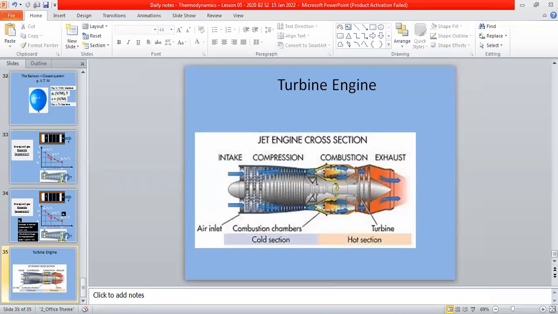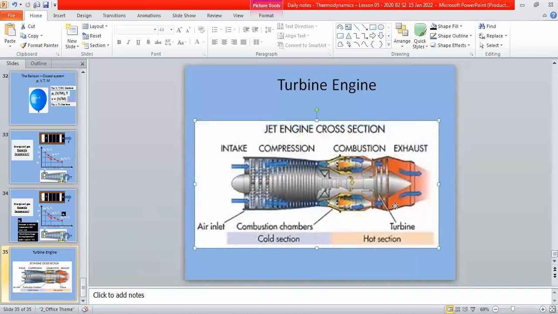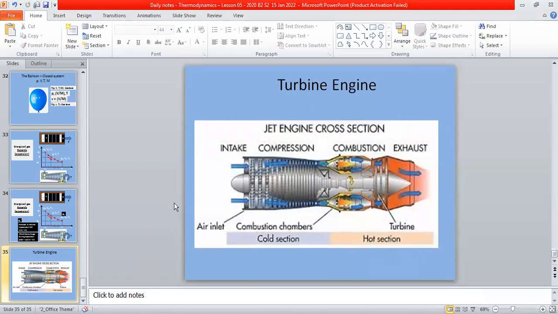We call this a turbine engine or jet engine. So you can see the combustion.